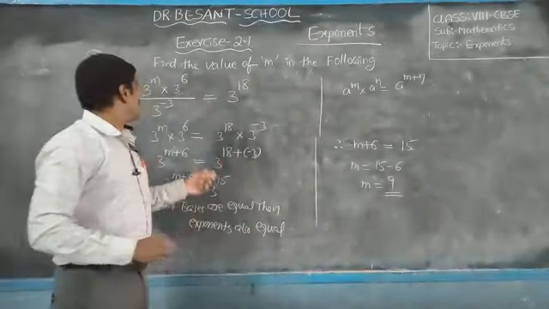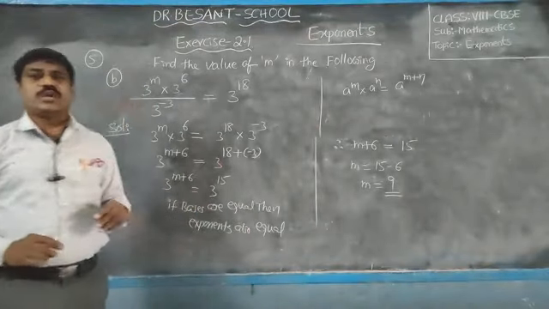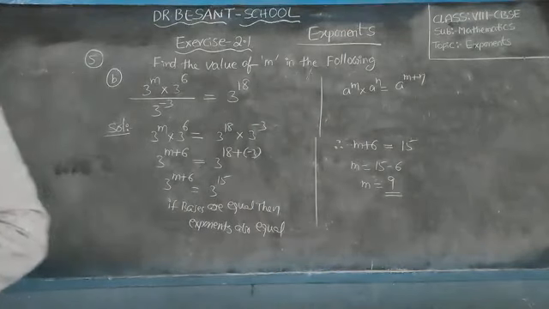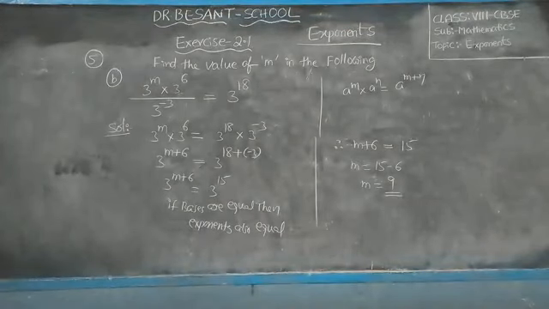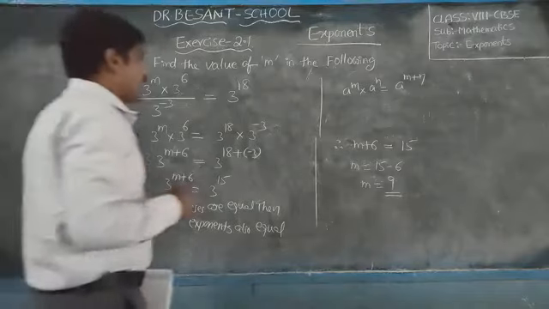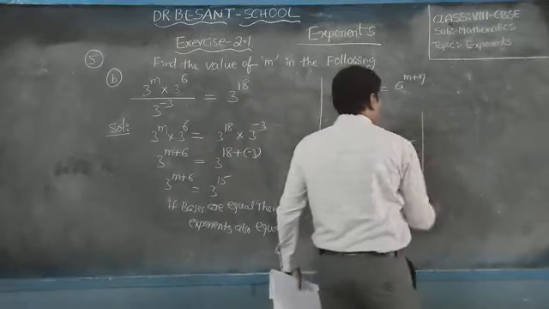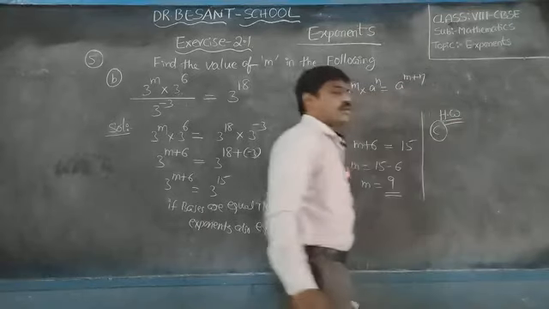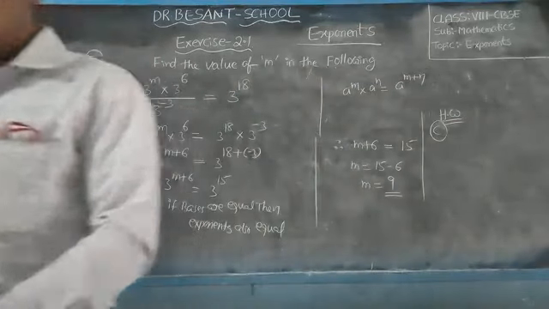So, this is the B sum solution. Okay, children, note down. Next, in the same way, you can do C sum also. So, this one you do as homework. Okay, next.